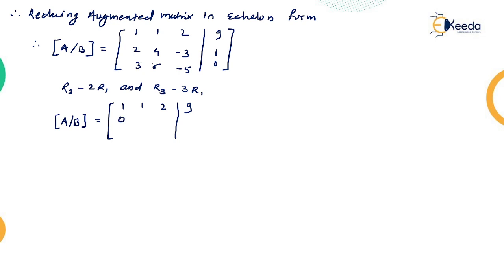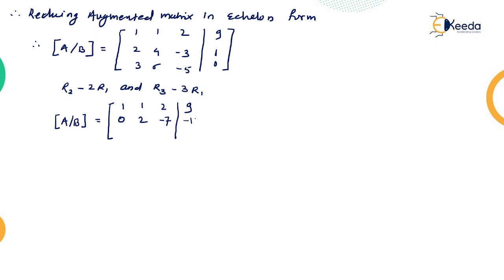Then 4 minus 2, we get 2. Then minus 3 minus twice into 2, that is minus 3 minus 4, you will get minus 7. And here 1 minus 18, that is equal to minus 17.